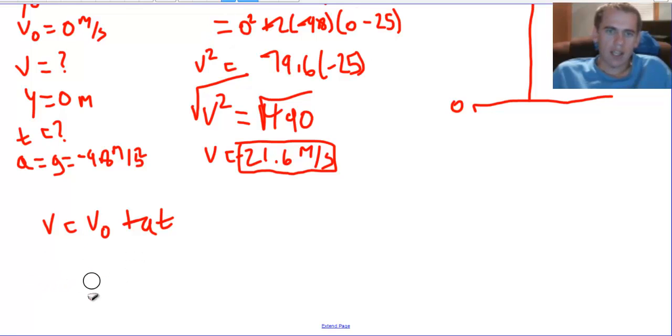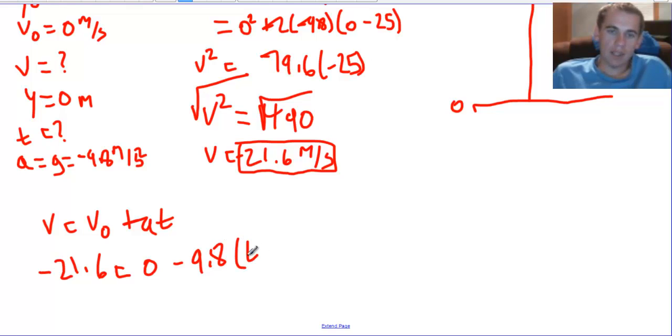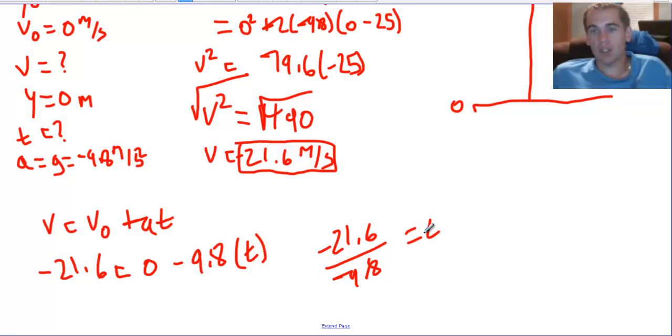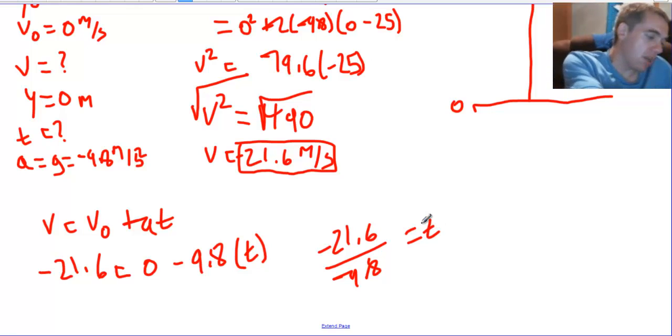Okay, try that again. Negative 21.6 equals 0 minus, because the acceleration due to gravity is down, 9.8 times t. Okay, and so now I'm going to divide negative 21.6 by negative 9.8, and I'm going to end up with a positive time, which is good, because if I ended up with a negative time, I would know I did something wrong.